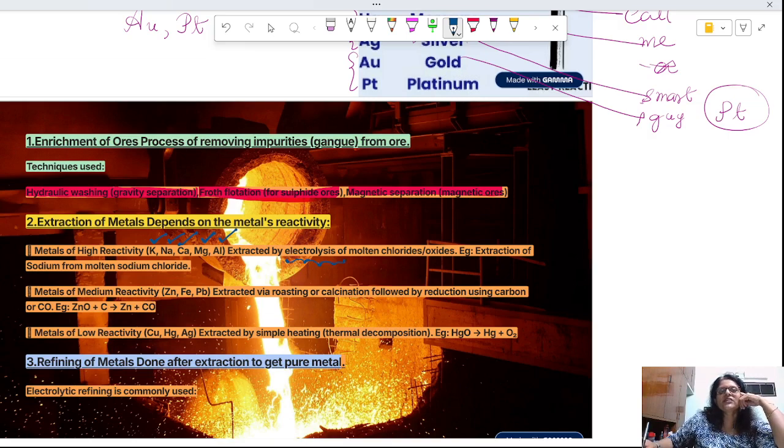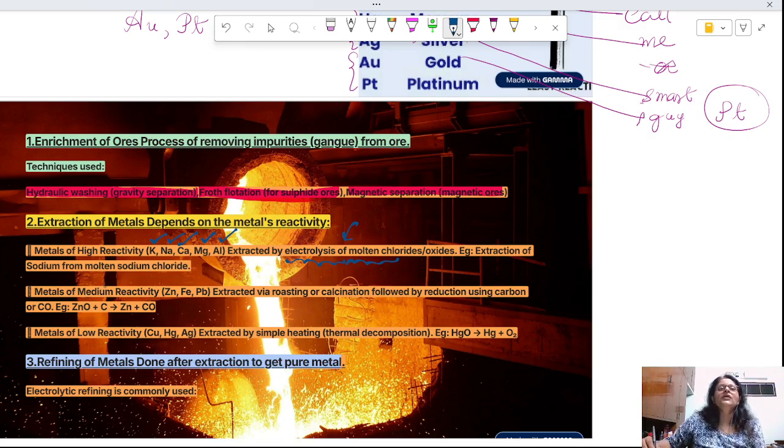It is very difficult for normal separation. We need a high energy source for the separation of the product, so we use electricity. So what happens here? Electricity is passed through the molten chlorides or oxides of these metals.